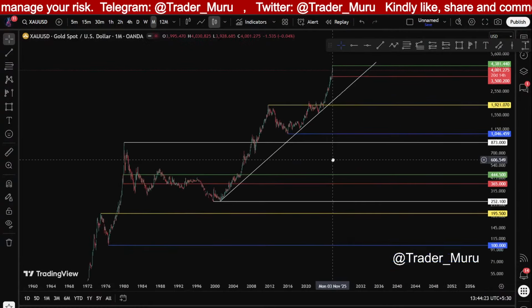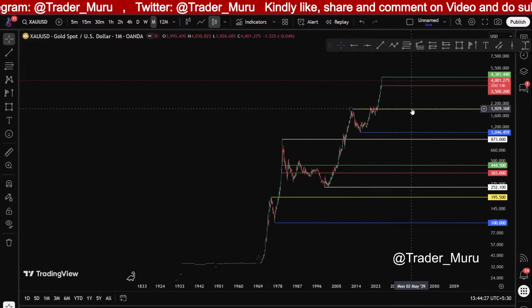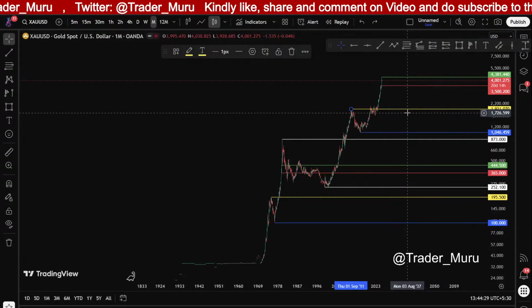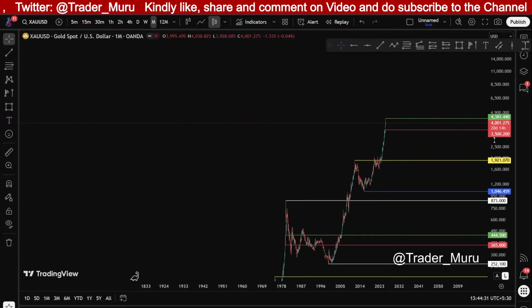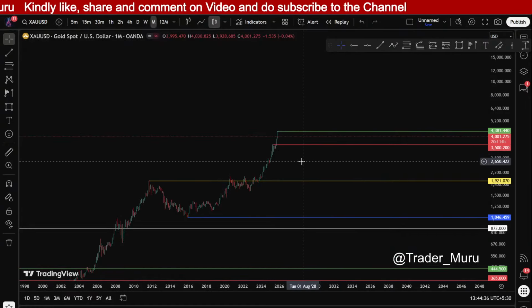Okay, nobody is interested. So this is just an assumption. I will take a buy if I get price near about this one here. This will be my swing entry.